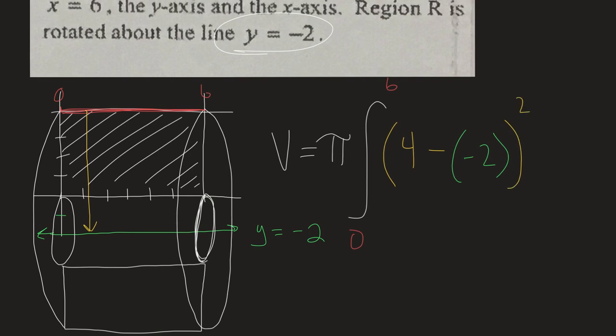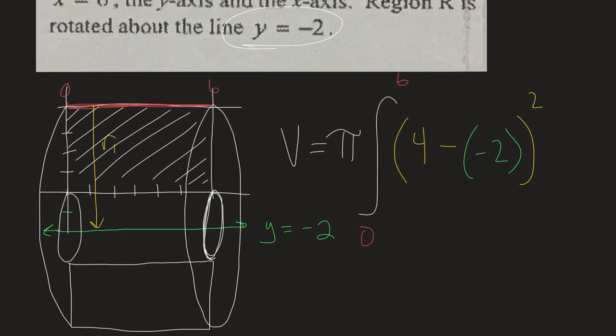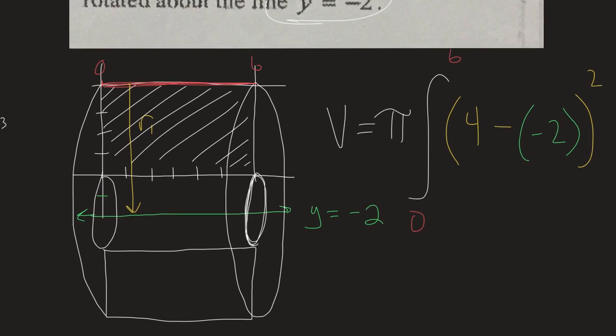That's your first radius, the outer function minus your axis of rotation. So 4 minus -2. 4 is the line right here. This is the function. Because it's a horizontal line, it doesn't have an x, but it could be a curve, yes. The higher, the farther one.